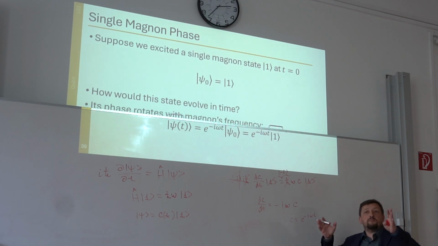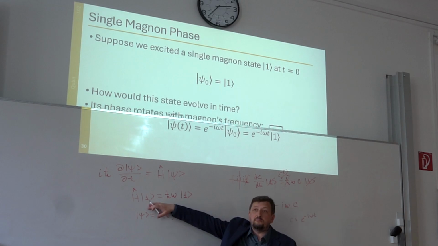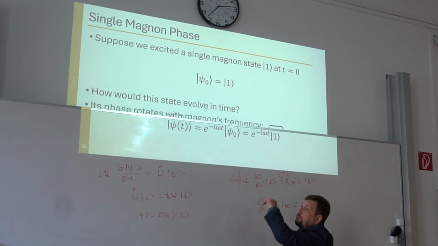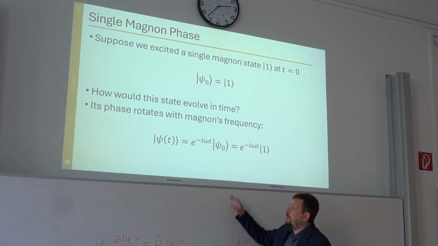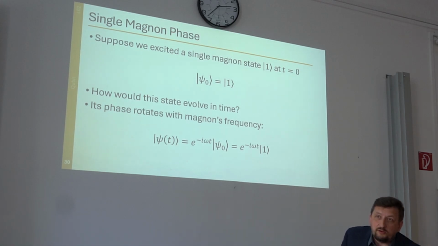The only thing that we actually use here is the fact that it is an eigenstate. If you have an eigenstate with some energy, h bar omega, you get the same result. For example, if instead of one magnon we created two magnons, so we have state 2, two magnons have twice the energy.